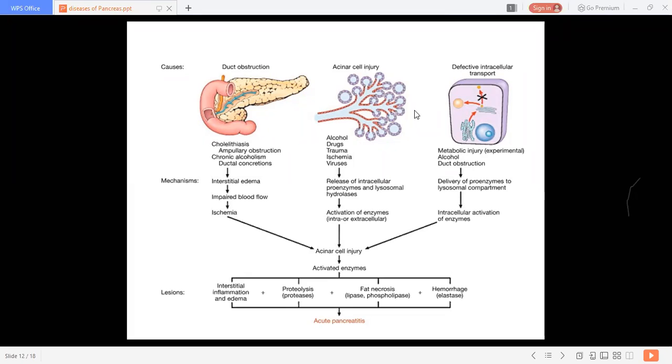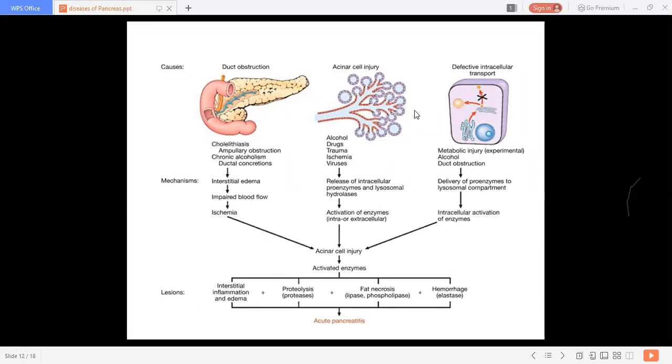I'm asking about mechanical. So trauma, then injury during operation, perioperative injury, and gallstones, that is the obstructive condition. Okay, so these are the mechanical causes.